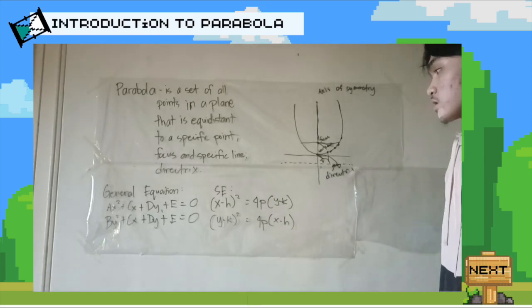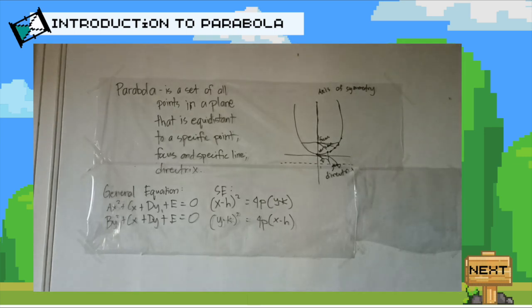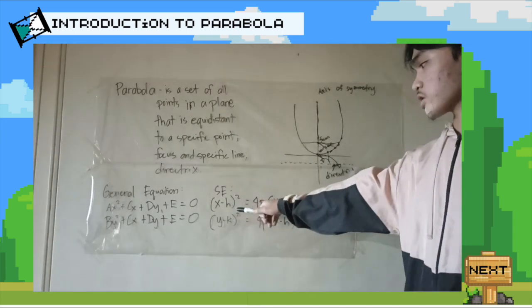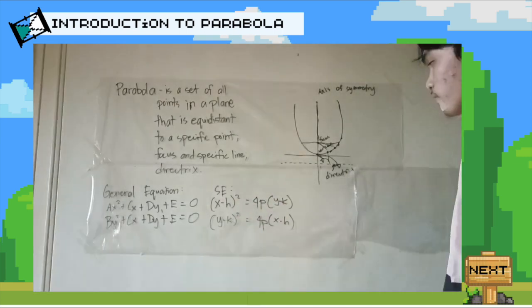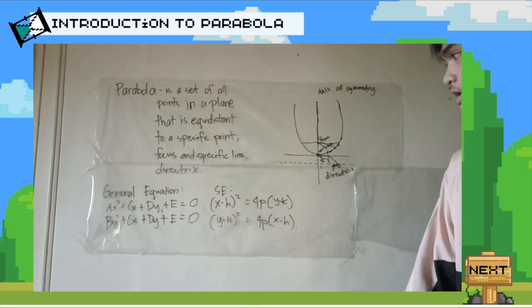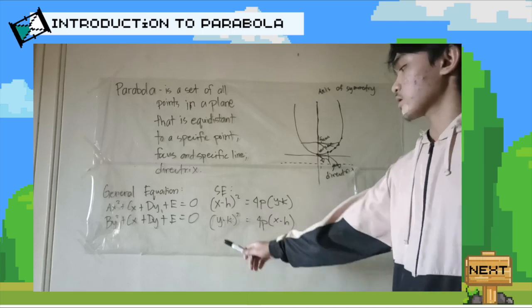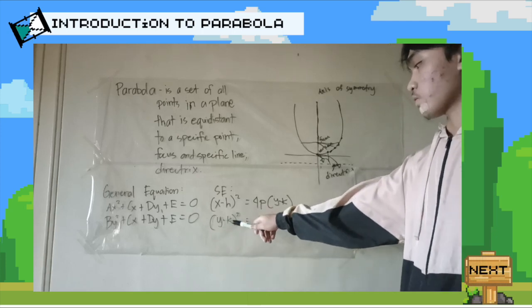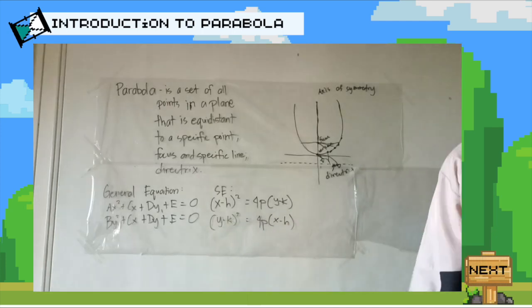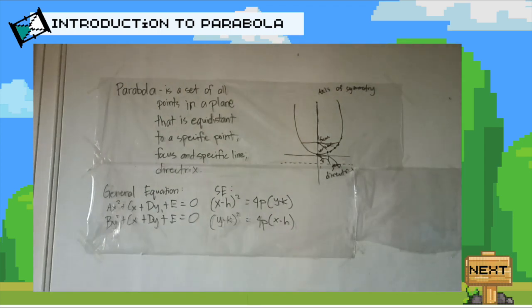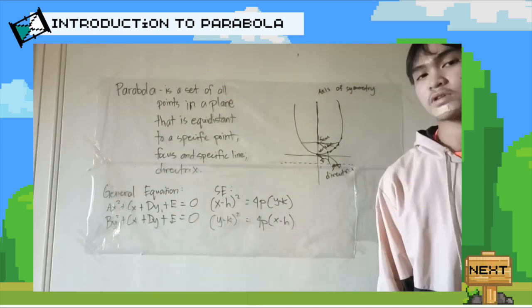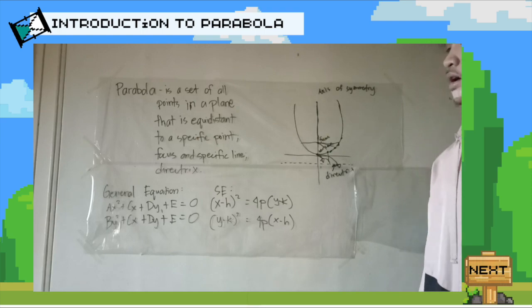And the standard equation of parabola is x minus h quantity squared is equals to 4p quantity y minus k. That is for vertical. And for horizontal, we have y minus k quantity squared is equals to 4p quantity x minus h. So that is the brief explanation of parabola.